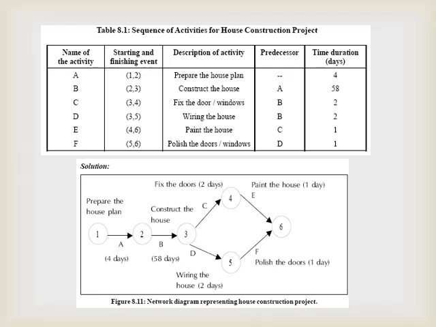Now, activity C is for fixing the doors and windows. It costs 2 days.